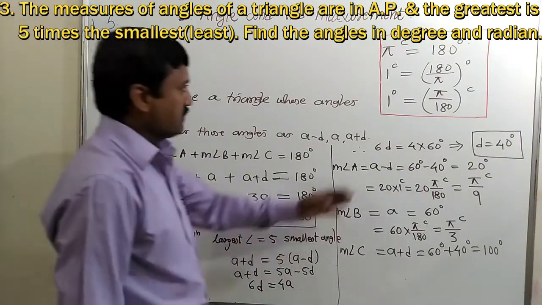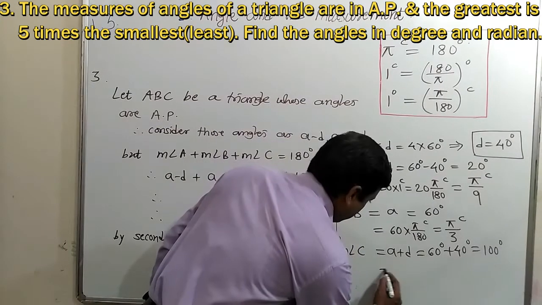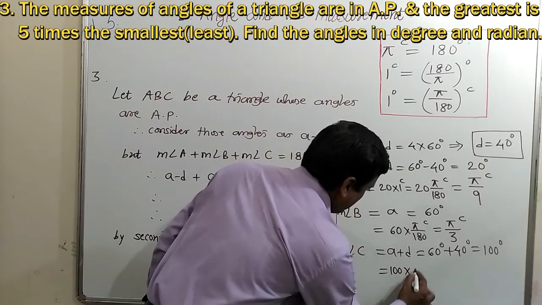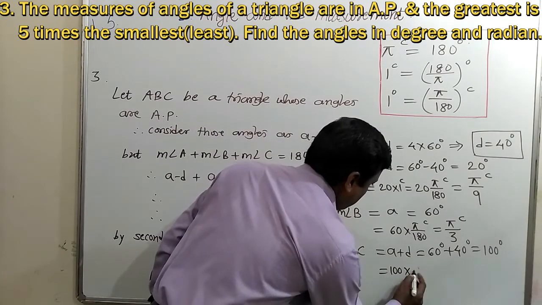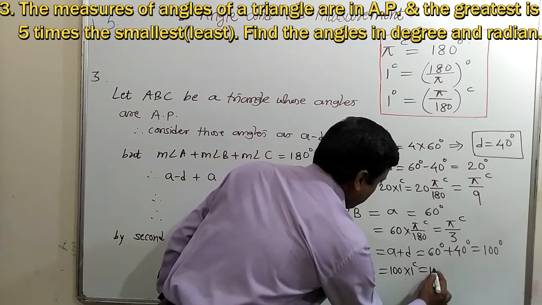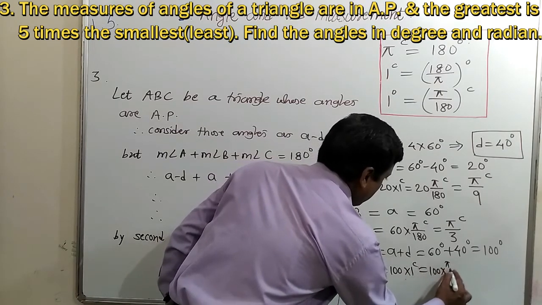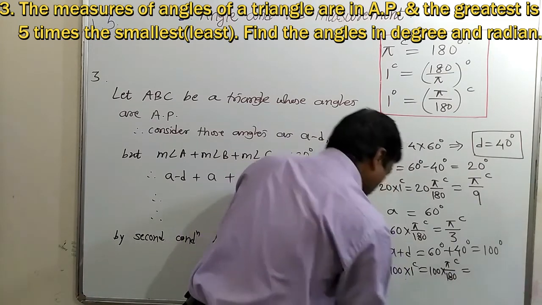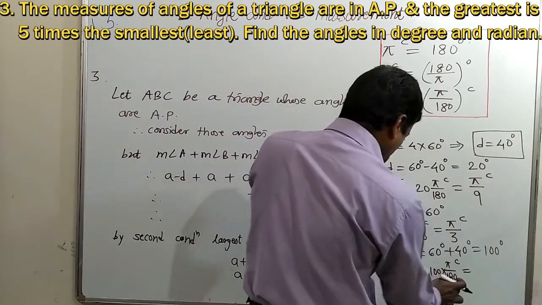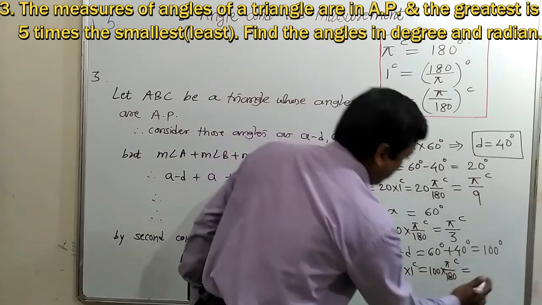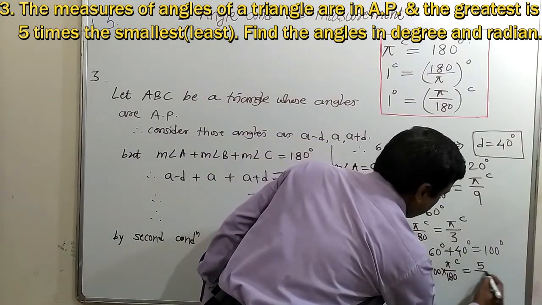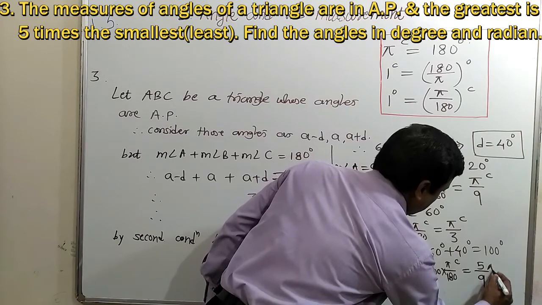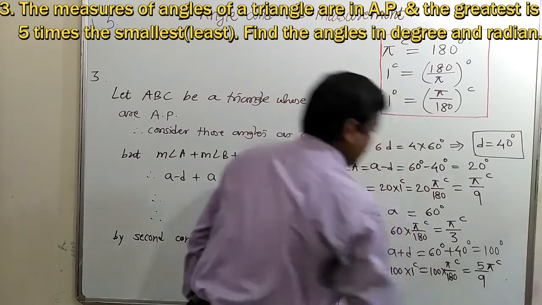Let us write this 100 into radian. It is equal to 100 into 1 radian, that is 100 into pi by 180 radian, that is equal to, here 0 cancel, 10 by 18 is nothing but 5 by 9. So it is 5 by 9 pi radian.